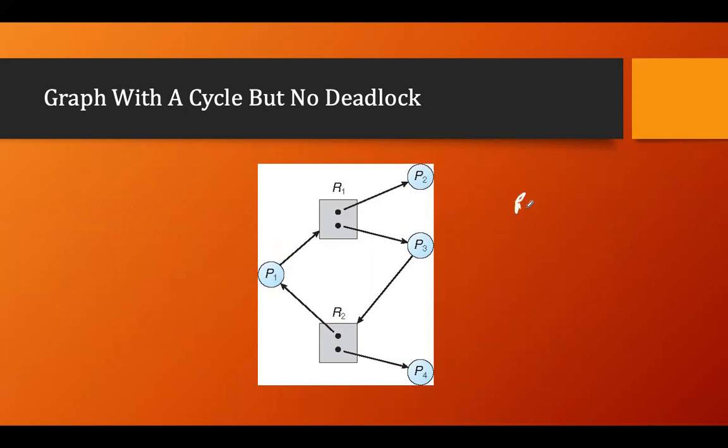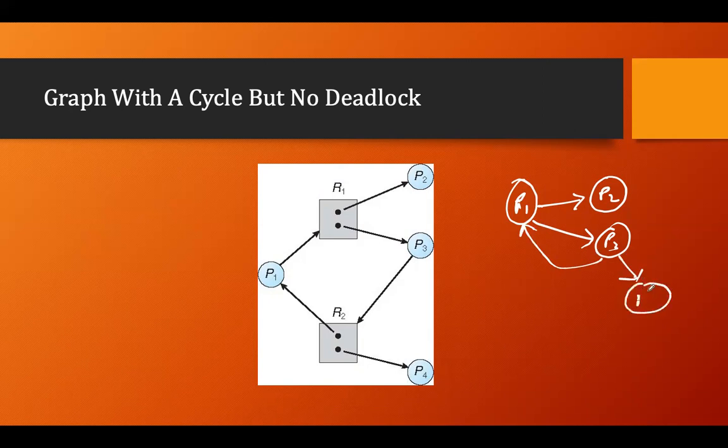So here you can see P1 is requesting a resource which is held by P2 as well as P3, and P3 is requesting a resource which is already held by P1 and P4. So as you can see here, we have this cycle, but there is no deadlock.